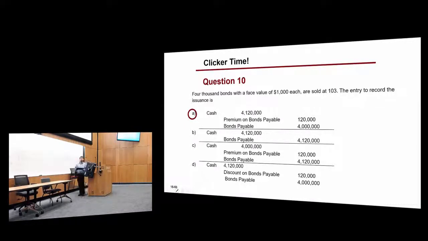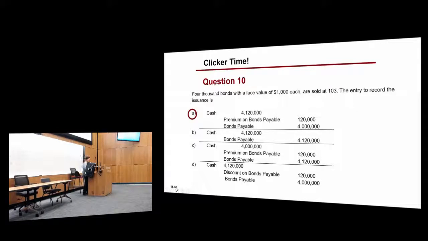Okay, now you have to understand something. When the company issues bonds, if they sell it at 100, that's face value.